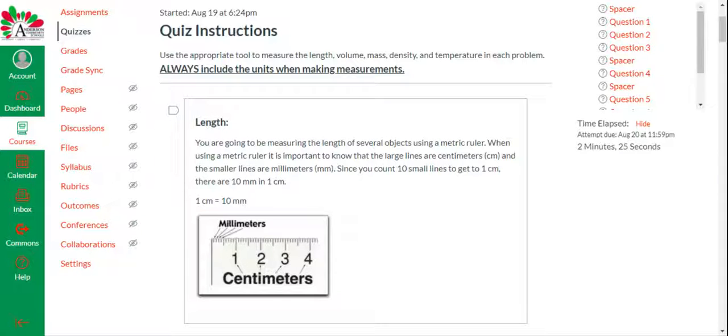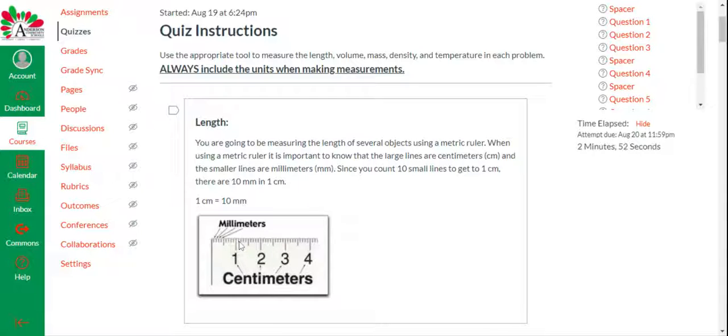So when we started with length, as I talked about the day before, we use a metric ruler. On most rulers that you're going to see in the classroom, you're going to have centimeters, and millimeters are the small lines. So if this is 1 centimeter, 2 centimeters, 3 centimeters, 4 centimeters, this here is 1 millimeter, 2 millimeters, 3 millimeters, 4 millimeters, 5. So then this is 10 millimeters.